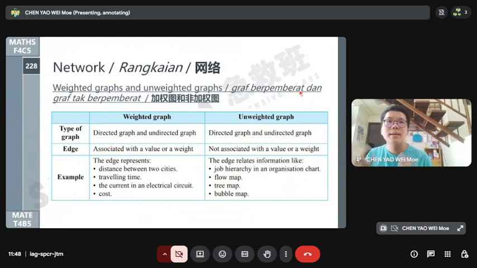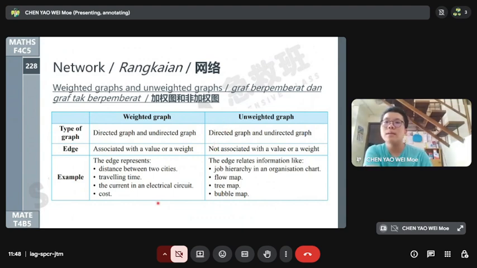Next level, weighted and unweighted graph. Weighted and unweighted means the line can represent something. For a weighted graph, we have a value or weight, for example distance, time, cost, current.